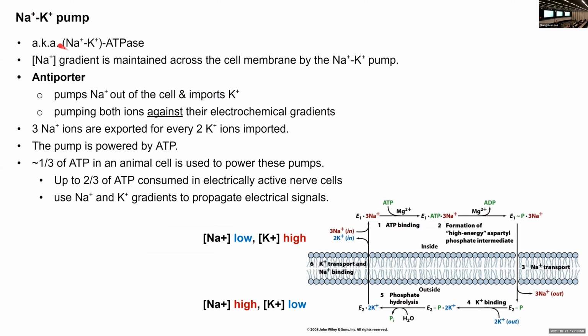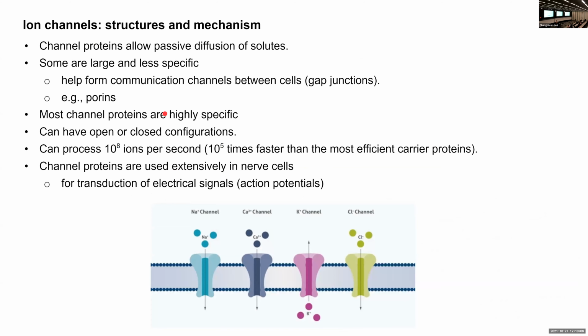And we spent quite a bit of time discussing the sodium potassium pump. So you should understand how it works. And ion channels too, which are more like passive transport, right? They do not use ATP, but they are important for biological functions like communication between cells, like porins, and also for the equilibrium of the electrostatic potentials to get the action potential in nerve cells.